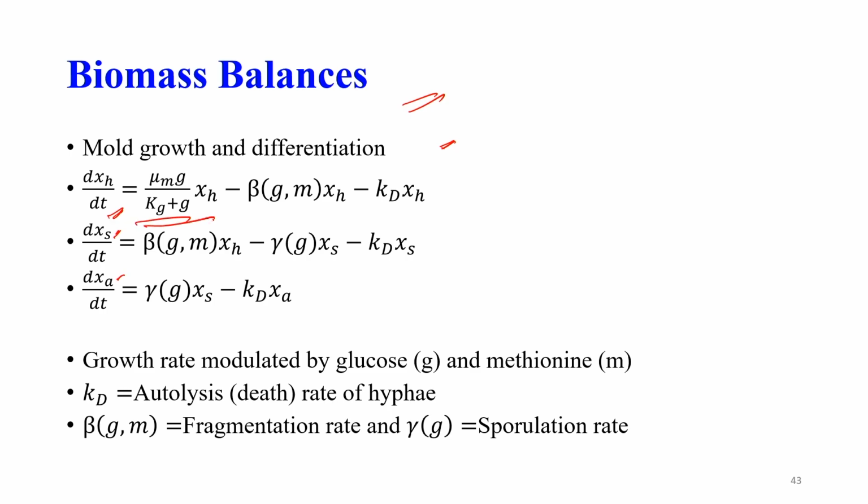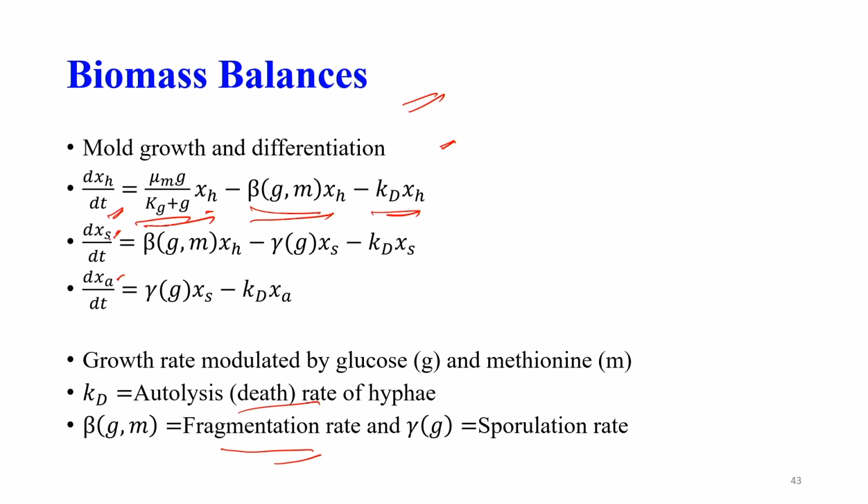So, this typically follows the Monod equation: mu max G upon Kg plus G into XH, minus beta. What is beta? It is the fragmentation rate. So, this XH is going for fragmentation, minus Kd, the death rate.